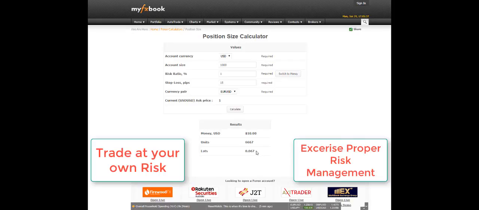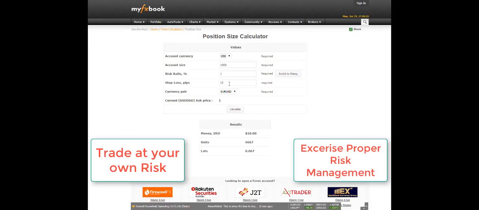But this is the lot size that I would need to use on that trade to risk 1% of that account. So if I was to do a trade on Euro USD, I would put in a lot size of 0.06, which would risk 1% of my 1,000, which means I would lose $10 if it hit stop loss.